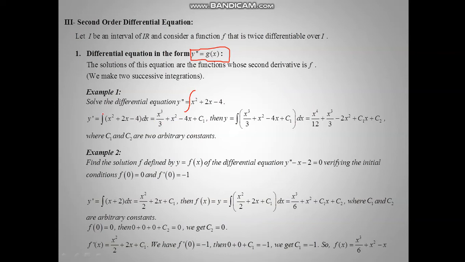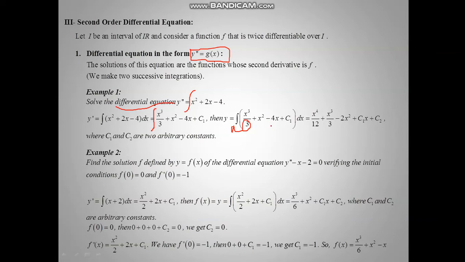Now we have y prime, but to solve the differential equation we have to find y, so we make another integration. We calculate the antiderivative of this function. For x cubed over 3, we take the 1 over 3 outside the integral.